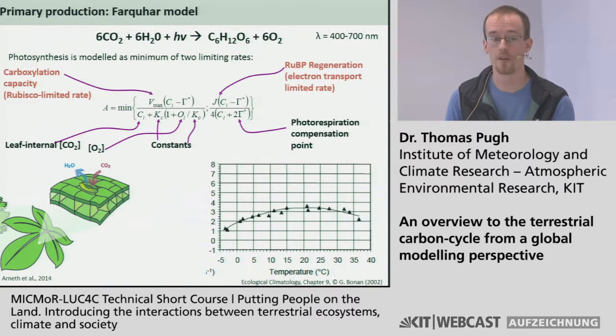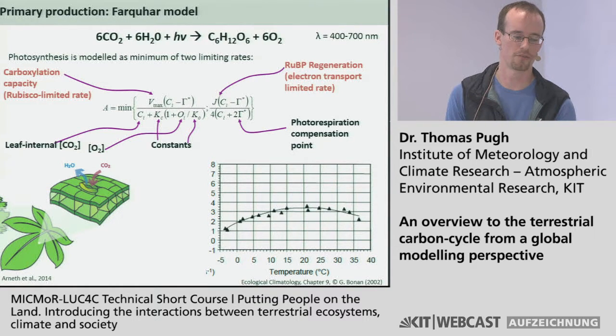As well as the light level, temperature is also important. This particular curve is for one species, so don't take too much note of where the temperature maximum is, but we have an increase of the assimilation rate at low temperatures, reaching some maximum, which is species and environment dependent, and then a tailing off due to mainly the activity of the enzymes involved.